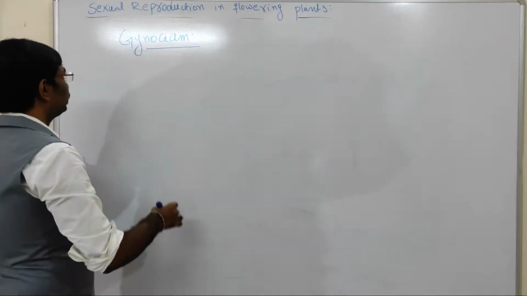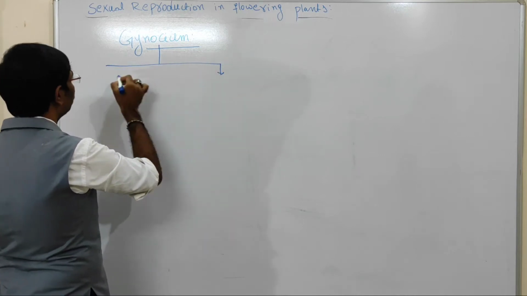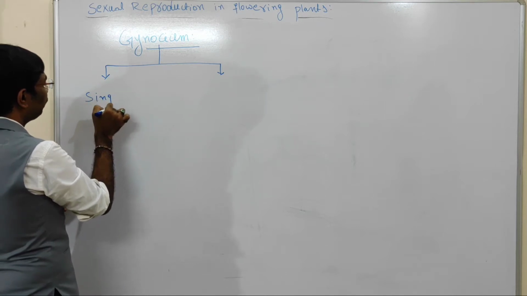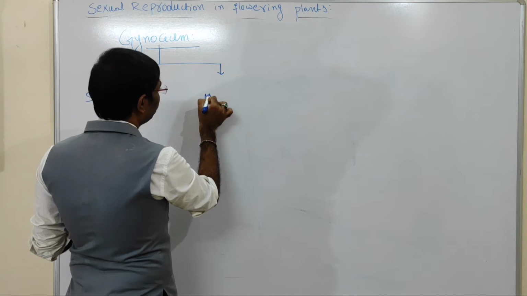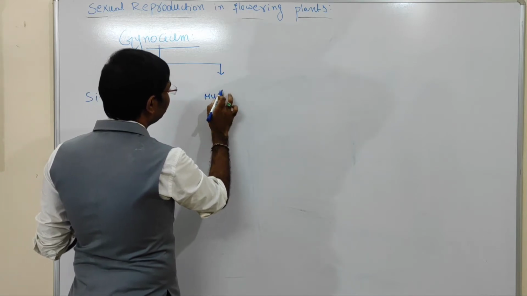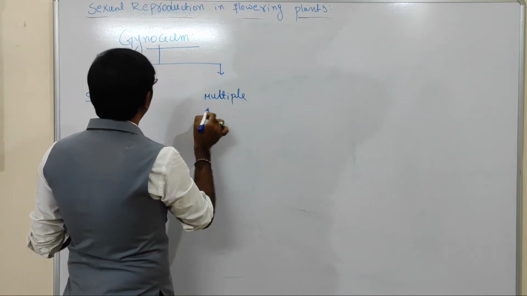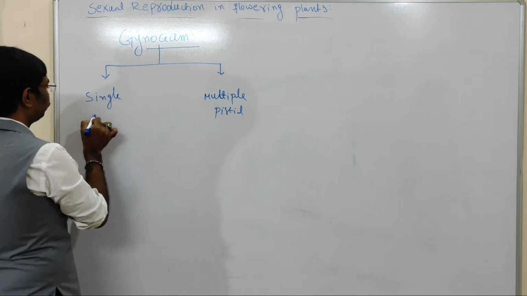In some cases the female reproductive structure is called the pistil. Sometimes a single pistil may be present in the flower, and sometimes multiple pistils are present.